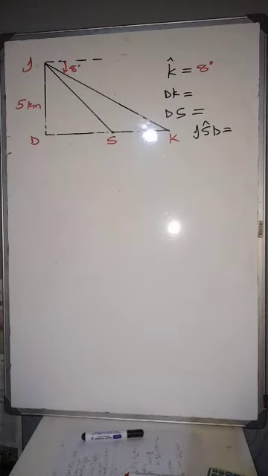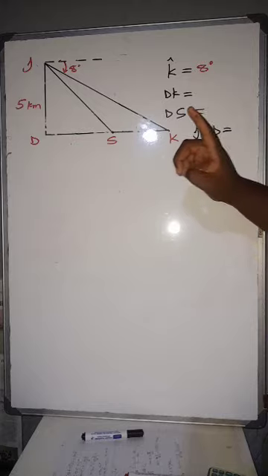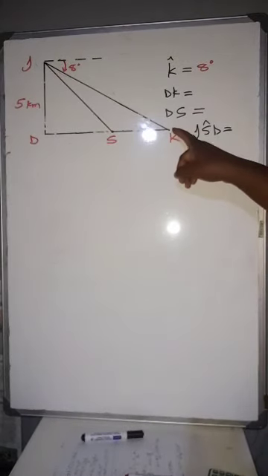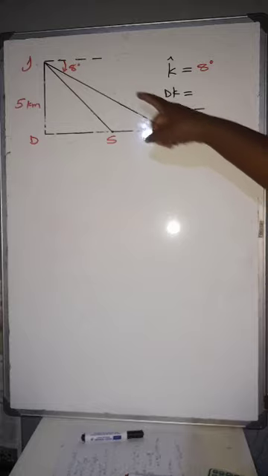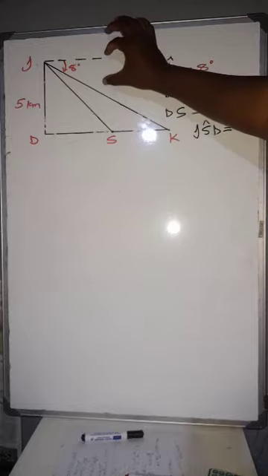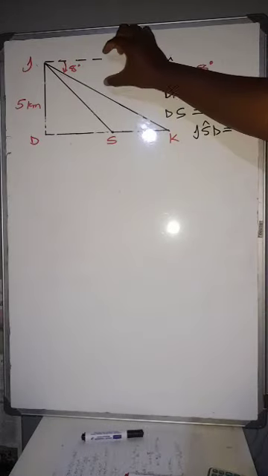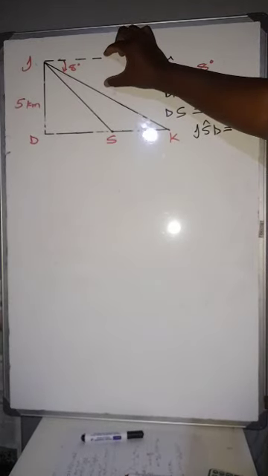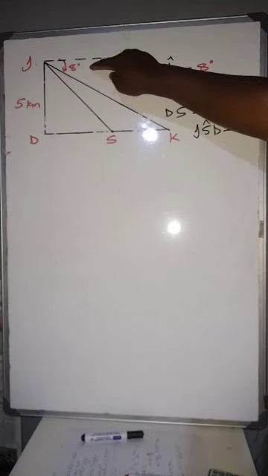Angle of depression, we are talking about the line of vision here. You are at J and you are looking at K. The angle that is made with your line of vision together with the horizontal line, we call it the angle of depression.